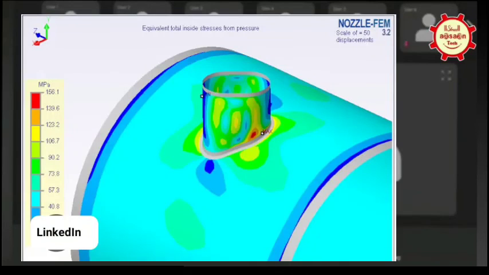Normally, the general answer is we go for FEA when the thickness is coming very high as per calculation and we want to reduce it. There is no manual calculation which can reduce it, so you go with FEA, which shows the micro level material properties.